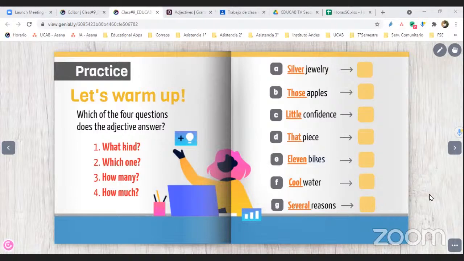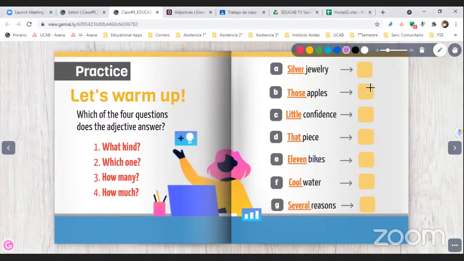So, silver jewelry is telling me what kind of jewelry it is, because it can be gold, or it can be made of another material, but this is silver jewelry. So it answers the question, what kind.